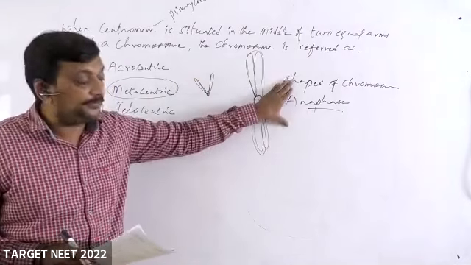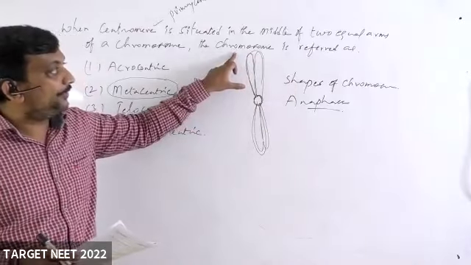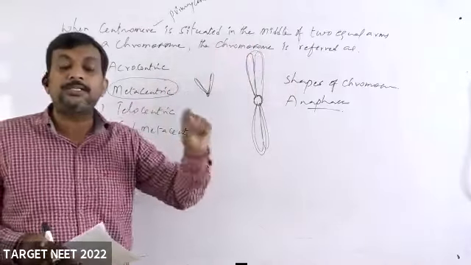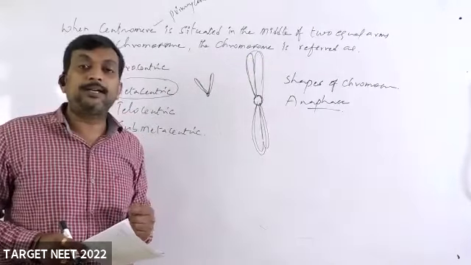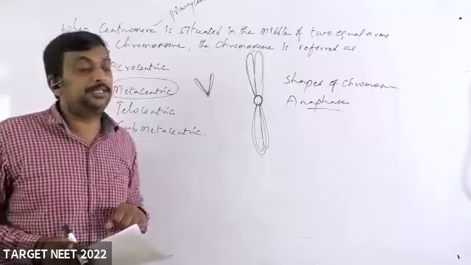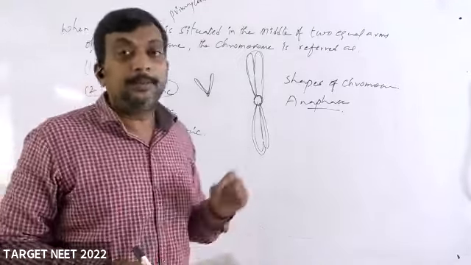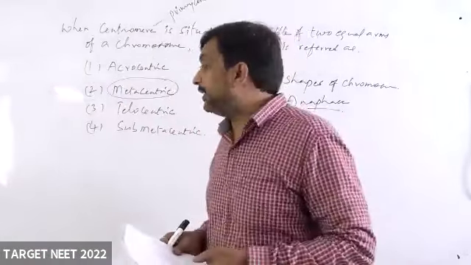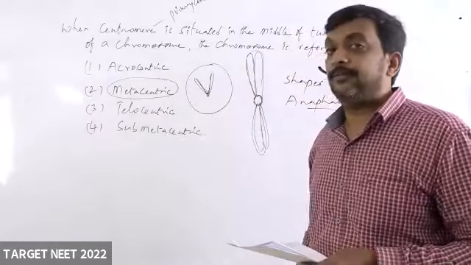During anaphase, if the centromere is present exactly in the center, dividing the chromatids into two equal arms, the chromosome is called metacentric, and it has a V shape.